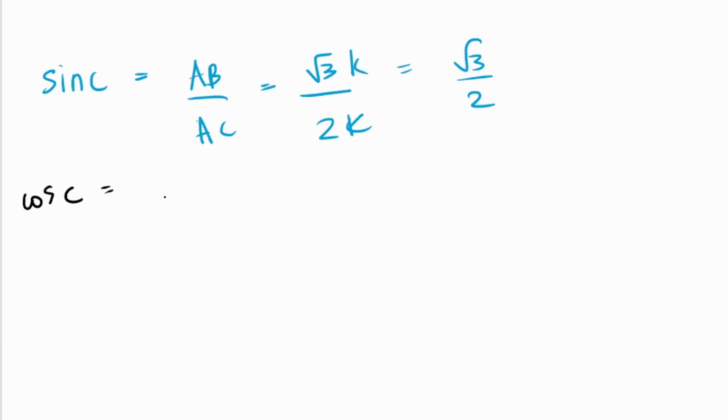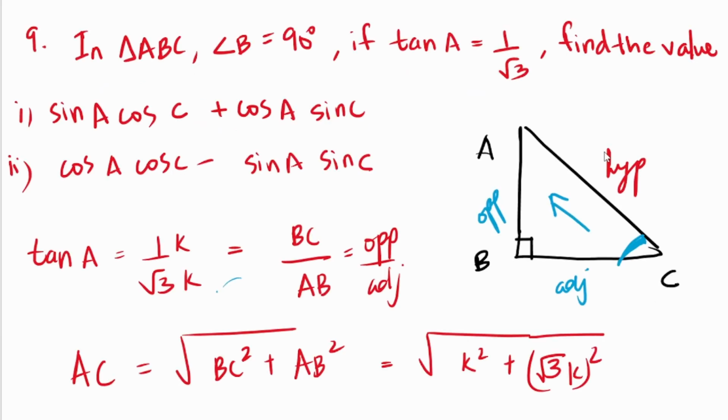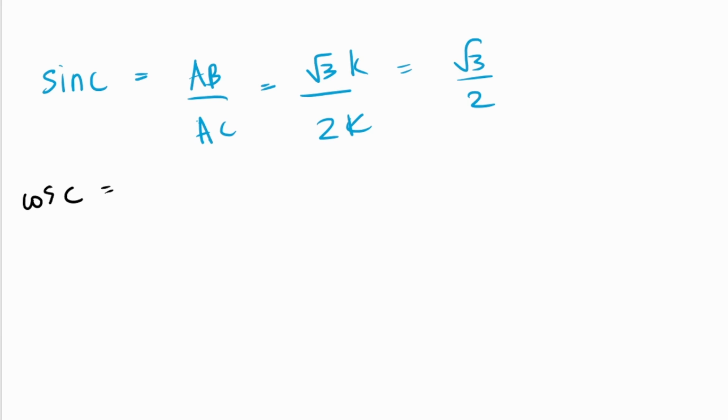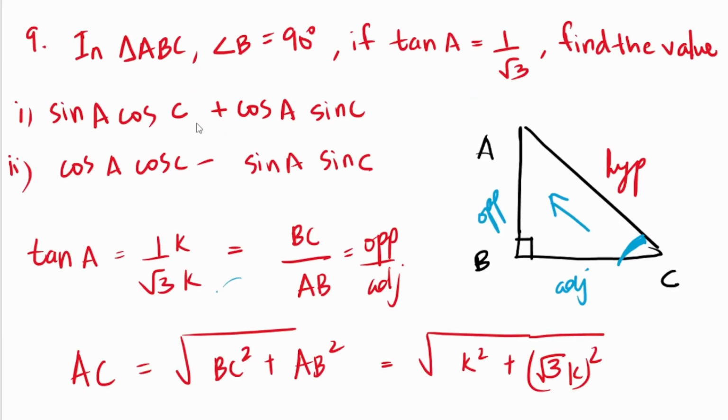Cos C is adjacent side over hypotenuse, BC by AC, so it is K by 2K, which is 1 by 2. Now they have asked us to find the value of sin A cos C plus cos A sin C.